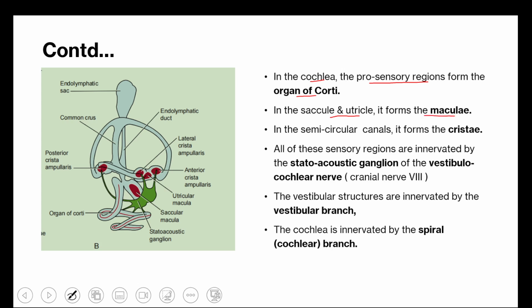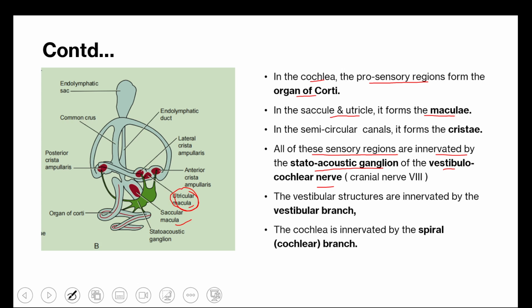You can see that the utricle, initially present as the utricle, later on differentiates to form the utricular macula, and the saccule will form the saccular macula. And all of these sensory regions are innervated by the statoacoustic ganglion of the vestibulocochlear nerve.